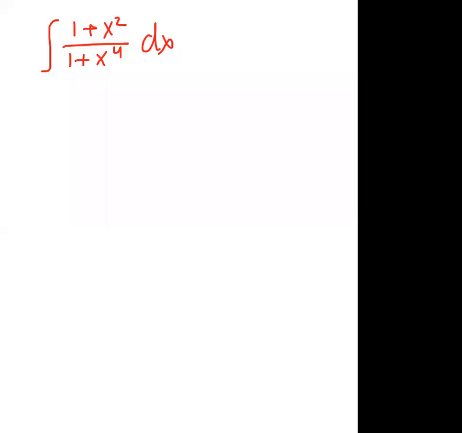What best could we do with this? Let us think. I'm dividing numerator and denominator by x square. So it will become 1 upon x square plus 1, upon 1 upon x square plus x square.